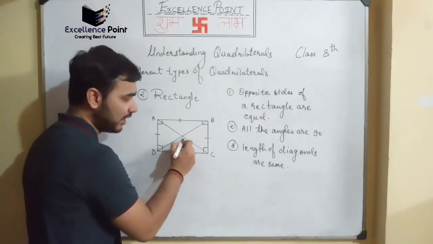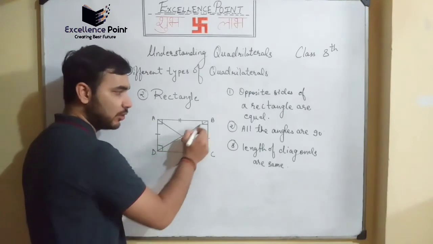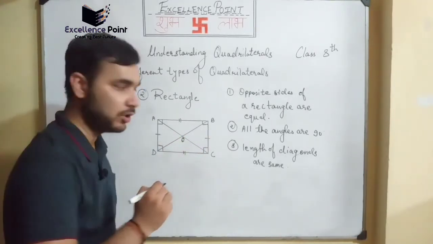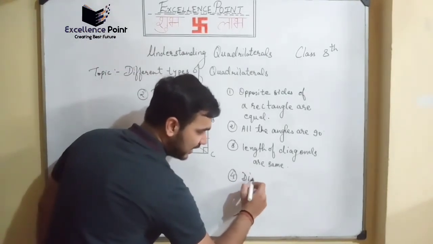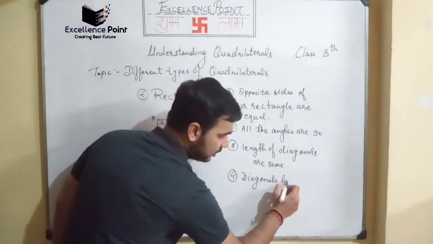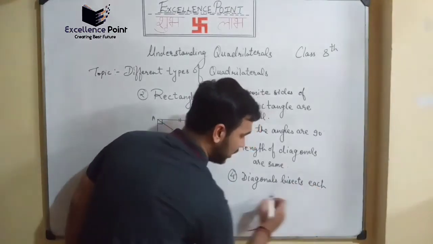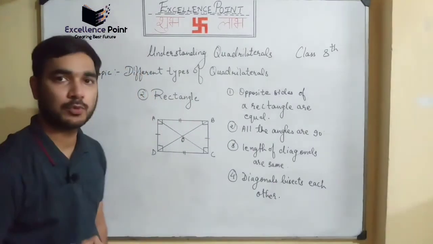If we say that the point is O, we can say that OA is equal to OC, also OB is equal to OD. So the fourth property is that diagonals bisect each other. These are the four properties.